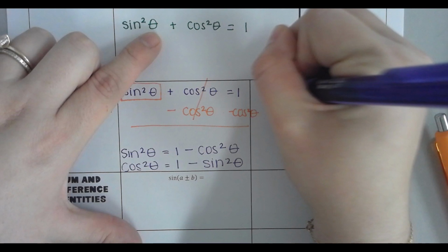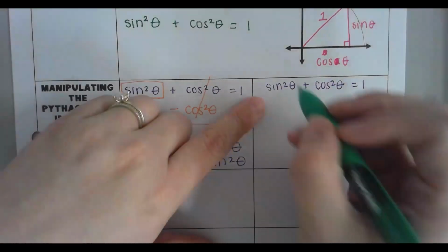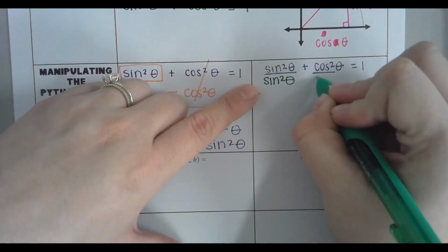Sine squared theta plus cosine squared theta equals 1. Something else you could do if you needed to: if you have an equation, it is mathematically acceptable to divide everything in that equation by something. So one of the identities you will see is where we divide each of the terms.